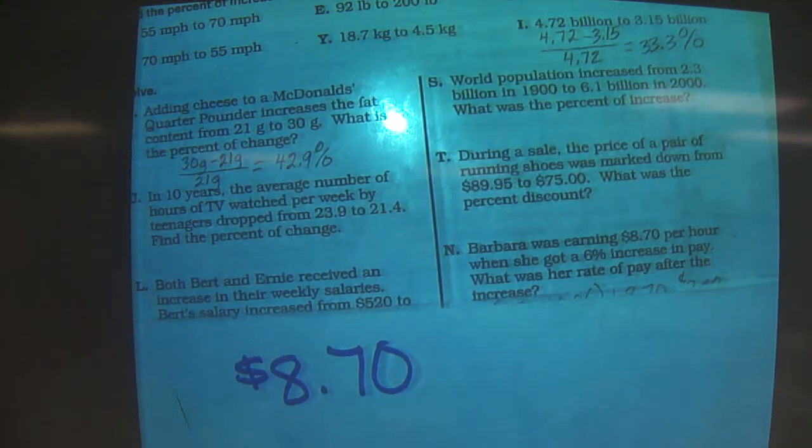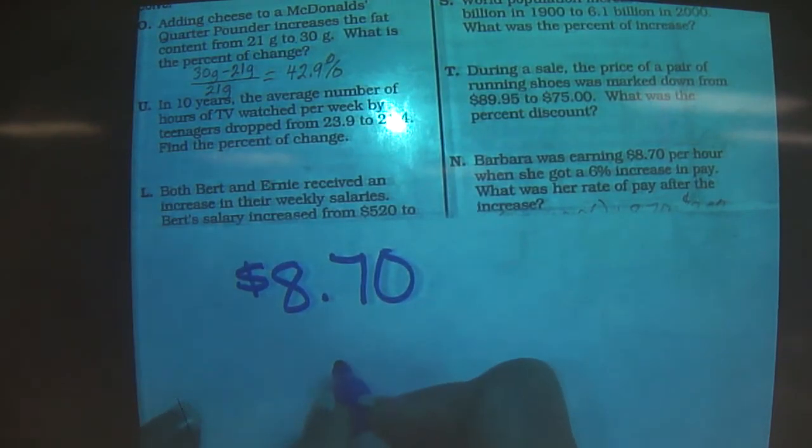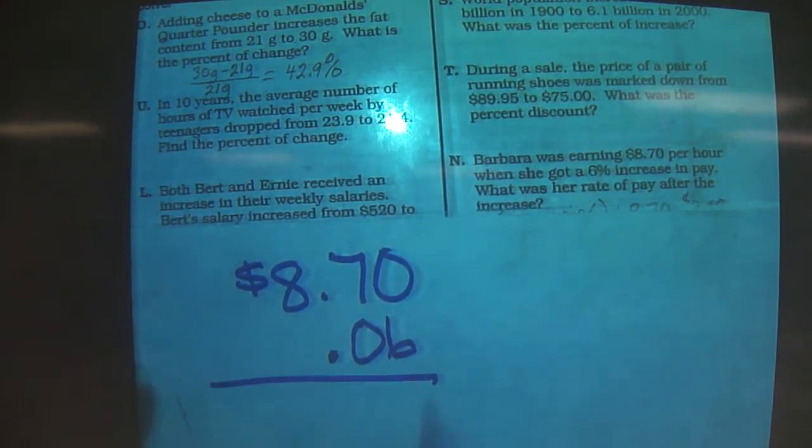You turn the percent into a decimal. What is 6% as a decimal? 0.06. What are you going to do with those two numbers? Multiply them. 6% of her salary increase means multiply.